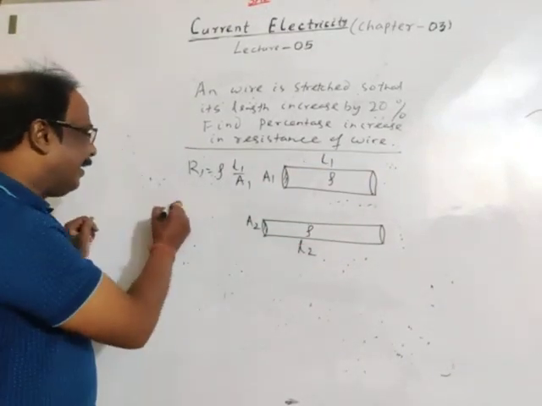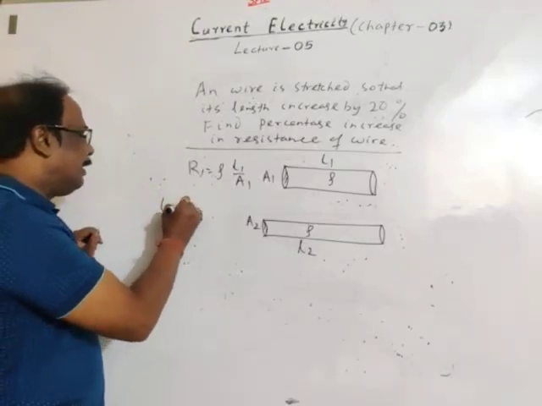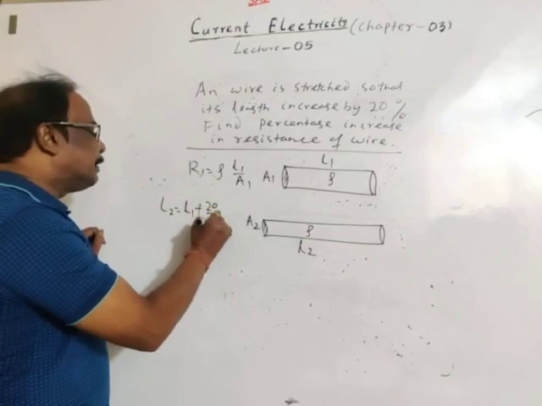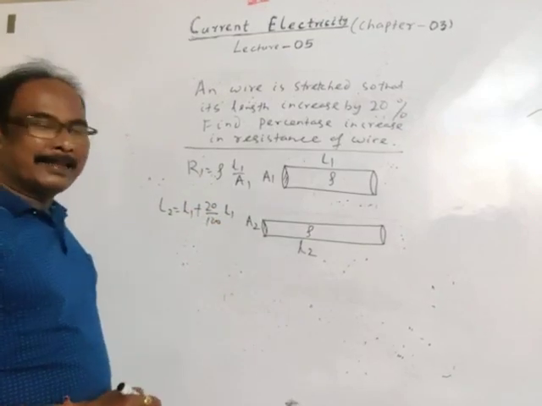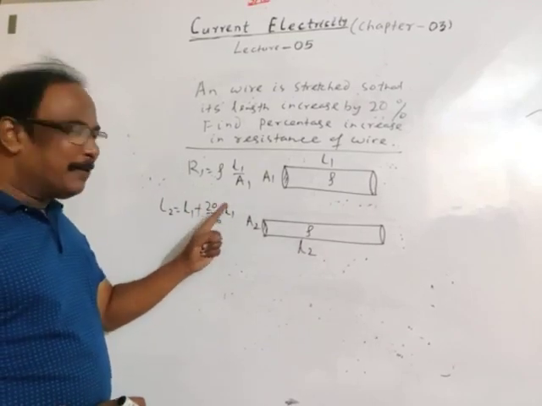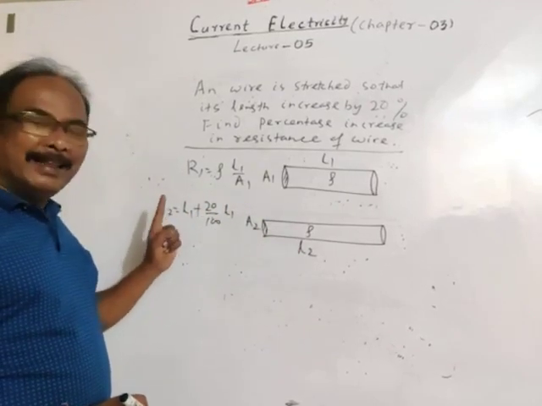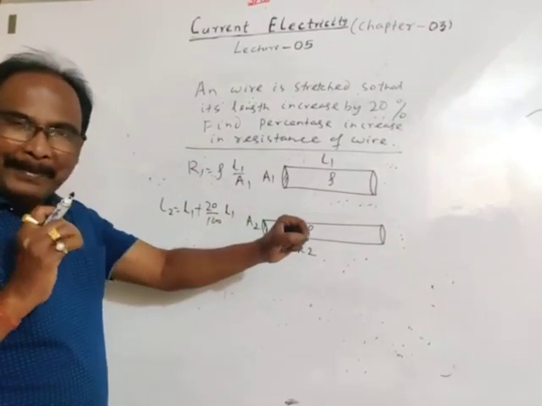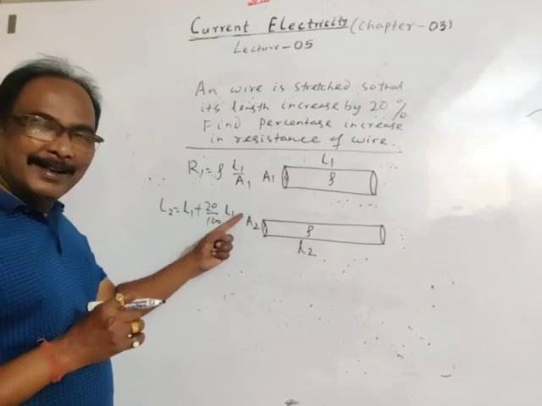It is mentioned that length increases by 20%. So what will be the final length? Final length will be initial length plus 20% of initial length. This is the increase in length.